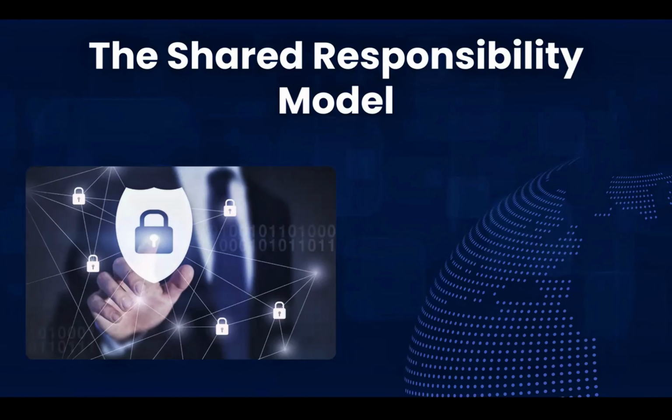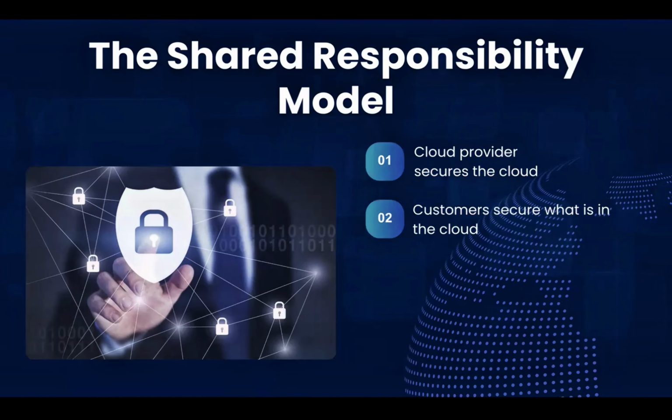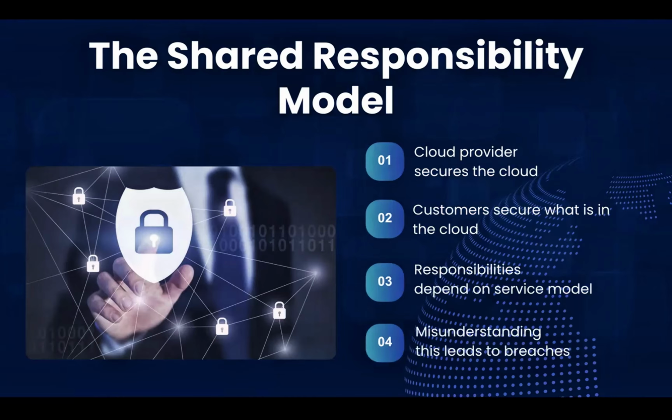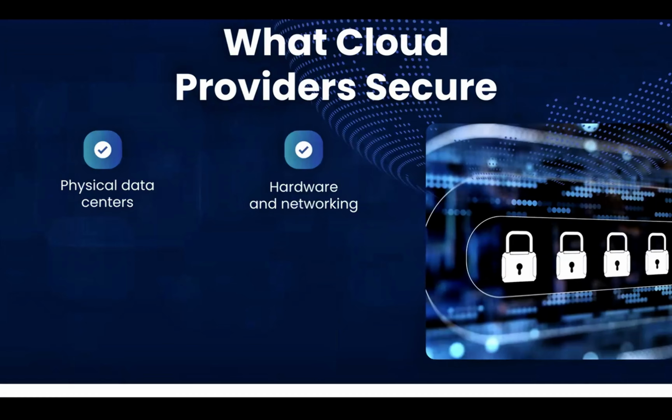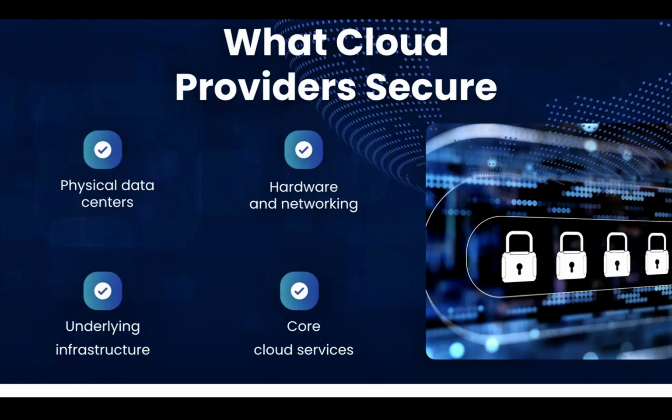Next, we are going to consider the shared responsibility model. In cloud computing, security is divided. So we can say the cloud provider secures the infrastructure, the customer secures what runs in the cloud. The responsibilities vary by service model, and misunderstanding can lead to security gaps. Now, what do cloud providers secure? Cloud providers protect foundational components such as physical data centers, hardware and networking, underlying infrastructure, and the core infrastructure services.